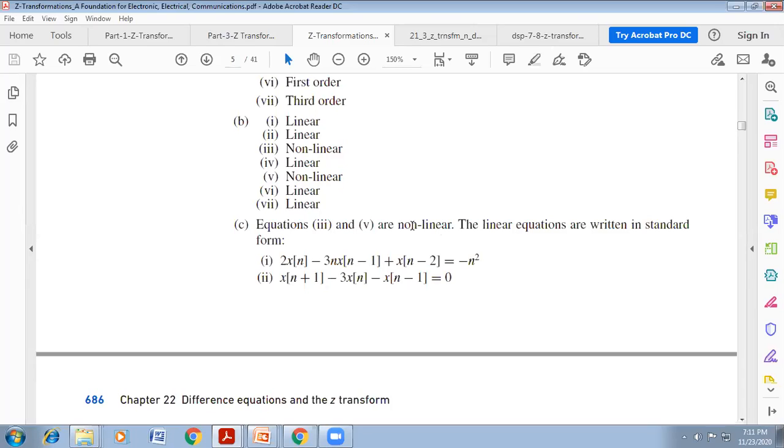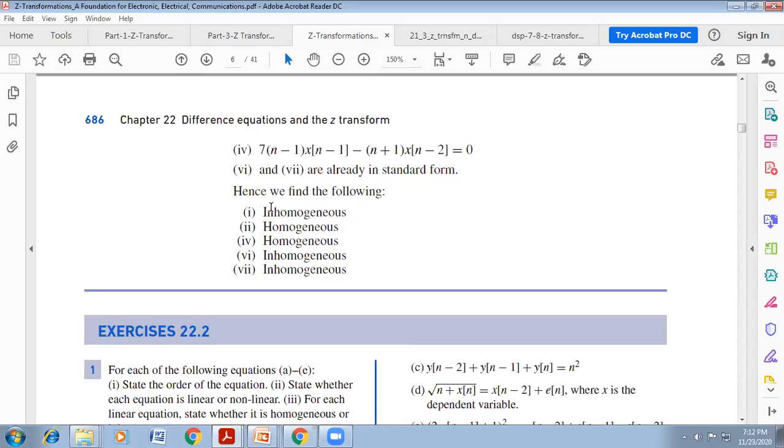If it has a coefficient of the dependent variable or the right hand side is not 0, then it will become non-homogeneous, and homogeneous when the right hand side is 0. And linear depends on the highest power of the dependent variable: if the highest power of the dependent variable is 1, then it is linear, otherwise non-linear. Understand?